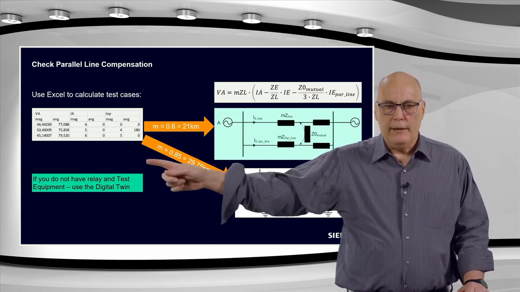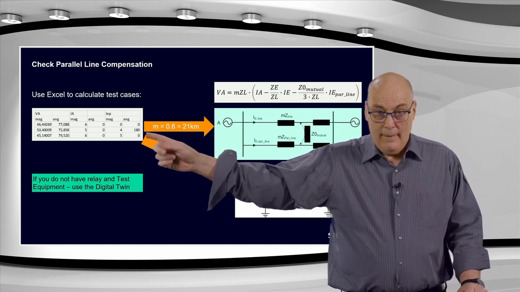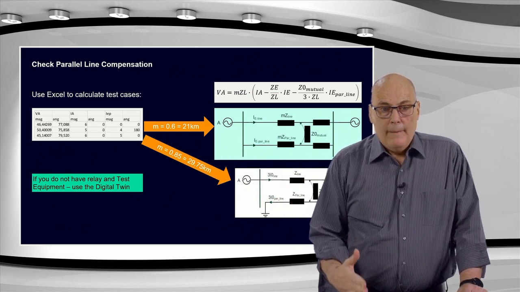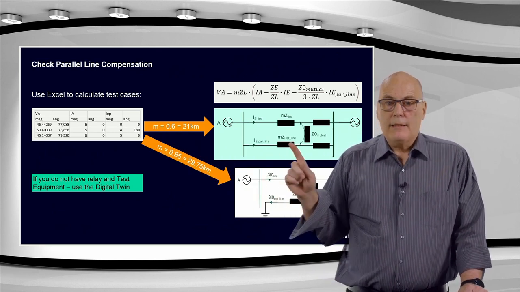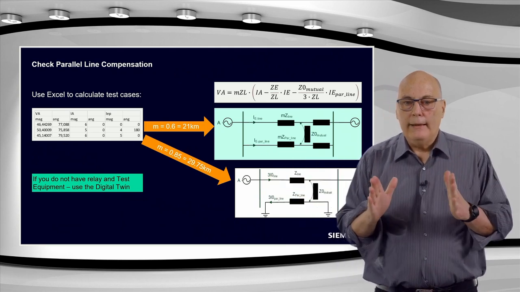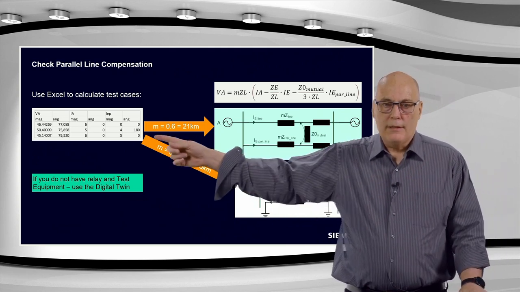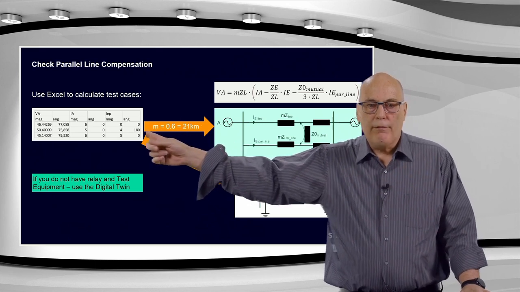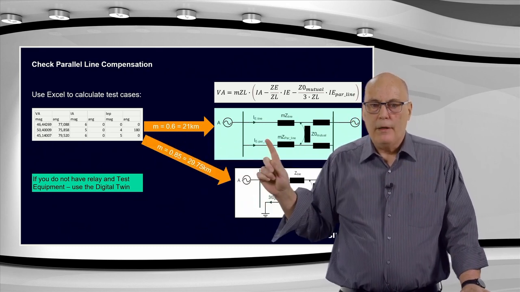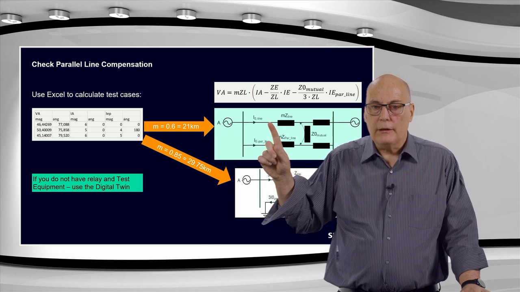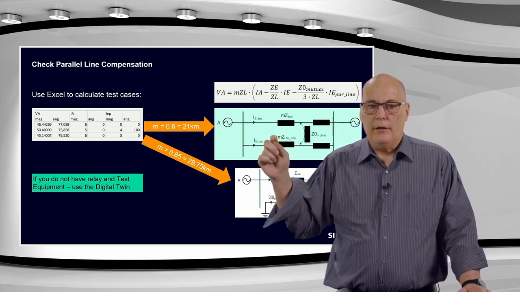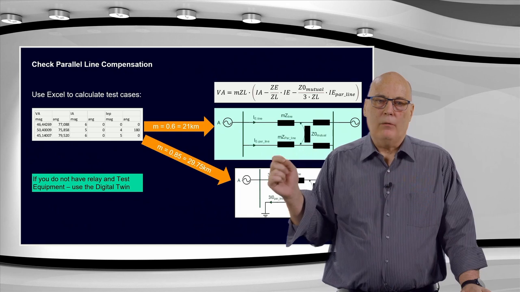And then for the second test case, I now inject the current IE in the parallel line, 4 amps at 180 degrees. What case is that? That is this case over here where the IE and the IEP are in the same direction. For the second test case, remember, because I'm injecting 5 amps, as you can see, into IA at 0 degrees, that means the IE on the protected line is 5 amps at 180 degrees, or minus 5 amps coming back the other way.